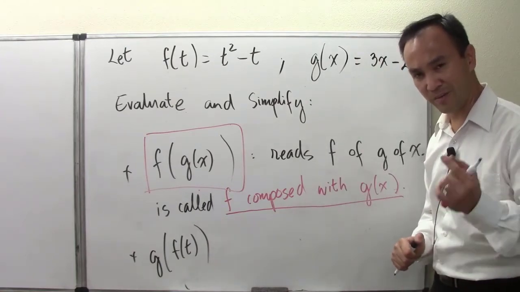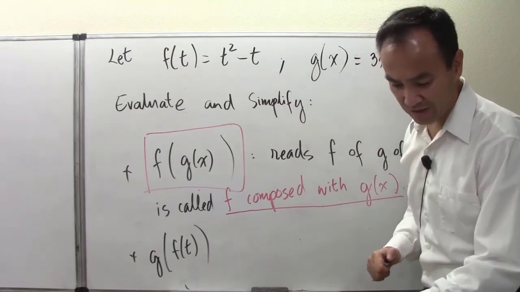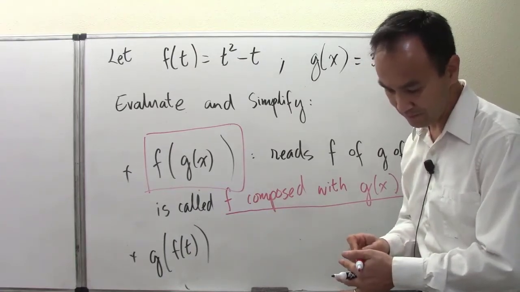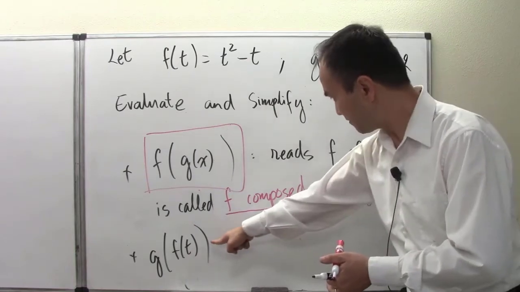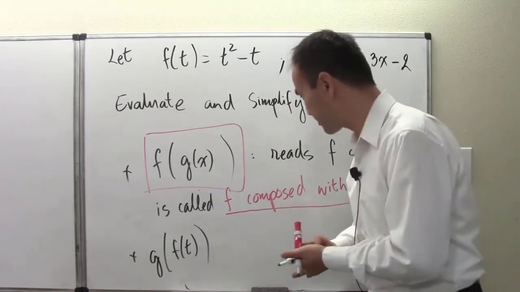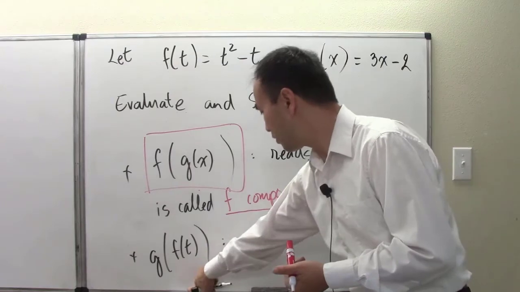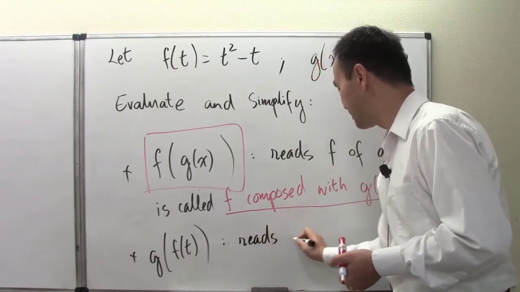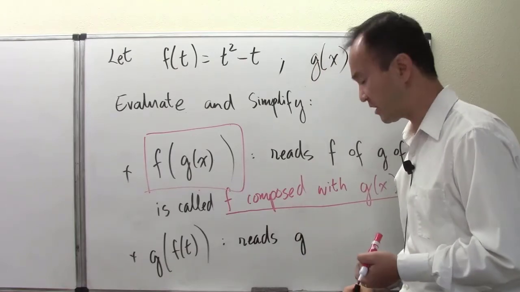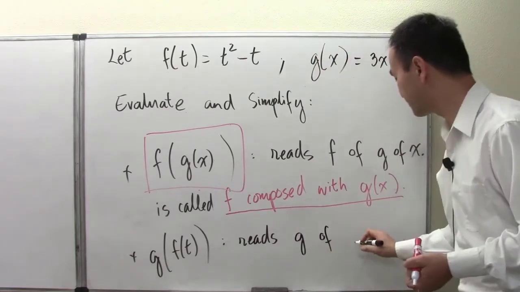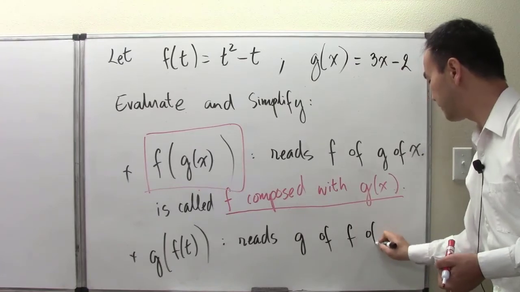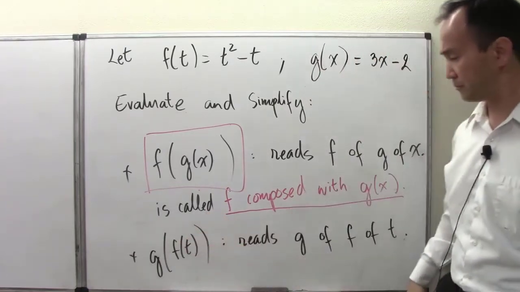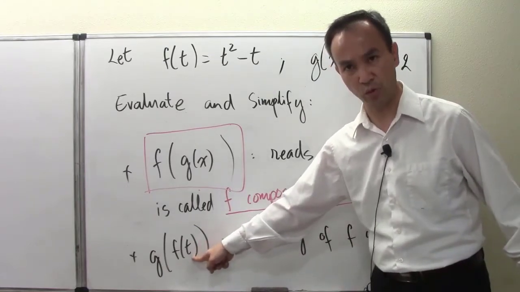All right, so similarly, this symbol, you see the way it reads: this is a function g, g of f of t. The innermost variable here is t, but I could have also used x here as well.